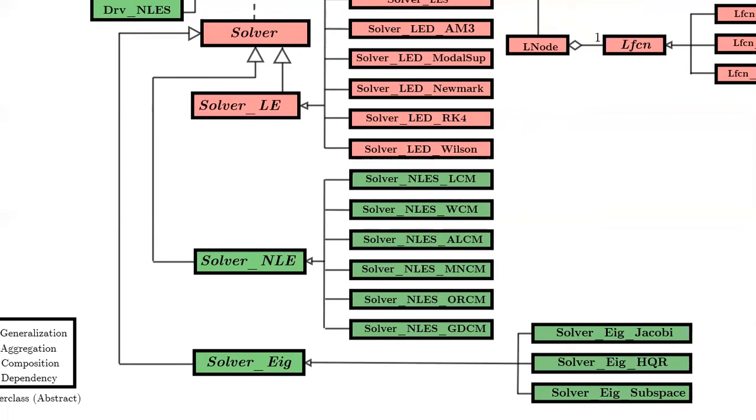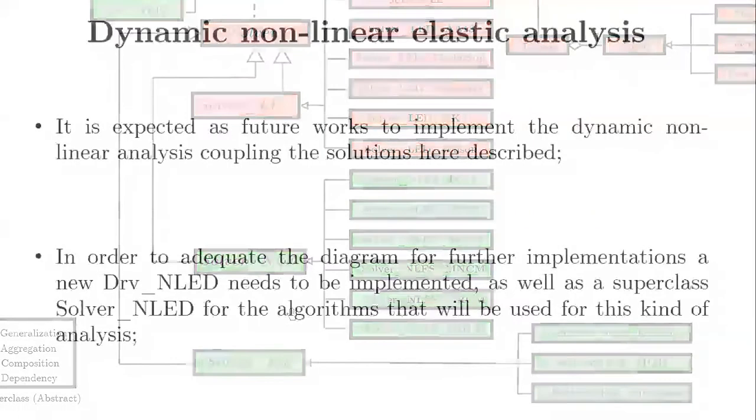Also, as the software is implemented in MATLAB language, the solver EIG is already available. However, if the software is going to be developed in a lower level language, classes for solving the eigenvalue problems need to be implemented. So they are shown here.